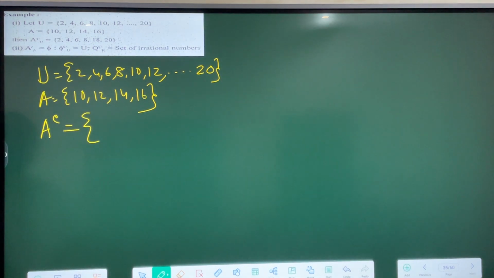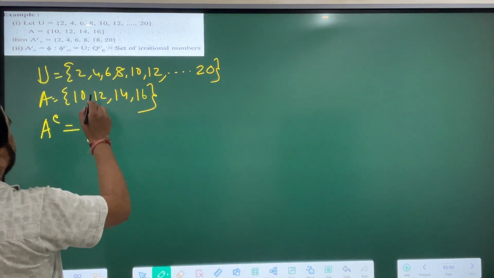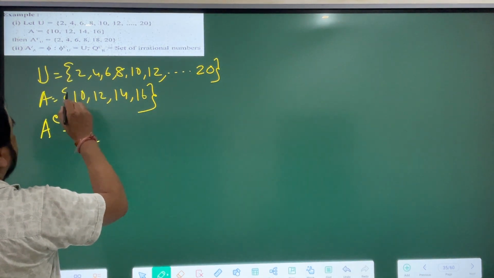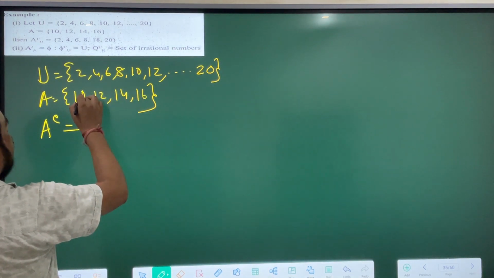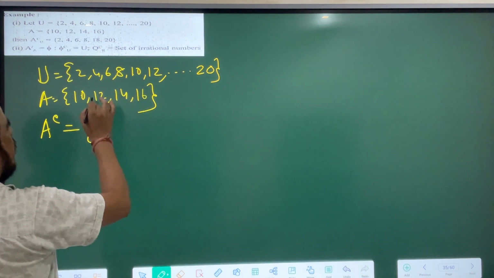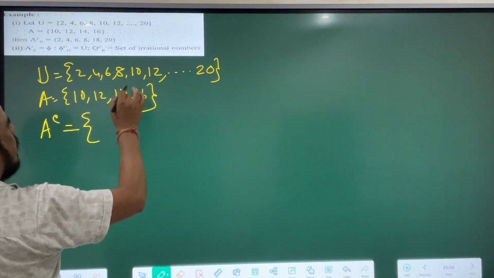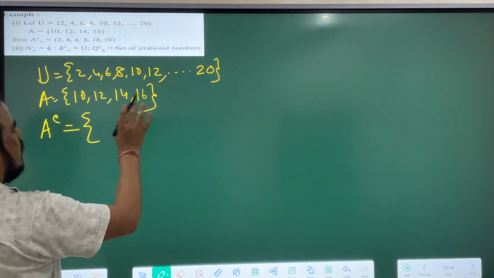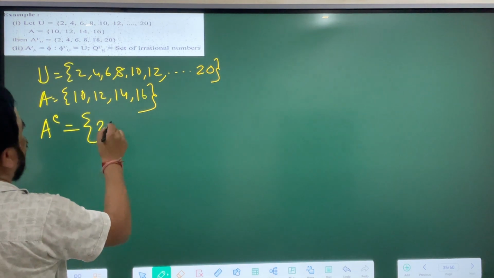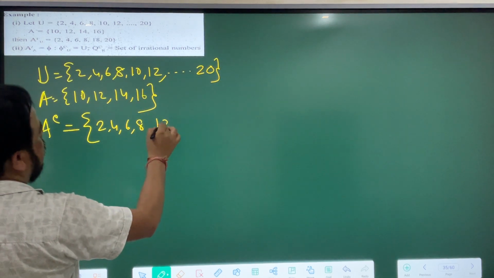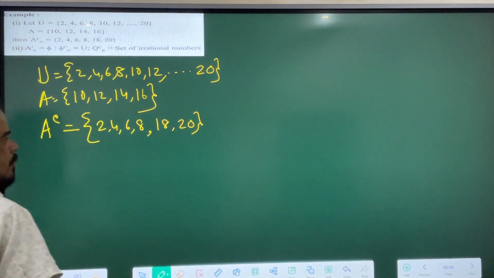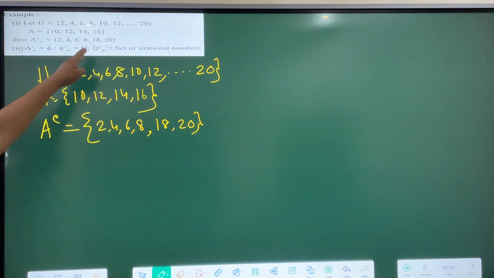A complement means not A. So 10 minus 10 is 0, 12 minus 12 is 0, 14 minus 14 is 0, 16 minus 16 is 0. That means 10, 12, 14, 16 we will not write, but the rest we will write: 2, 4, 6, 8, 18, 20.